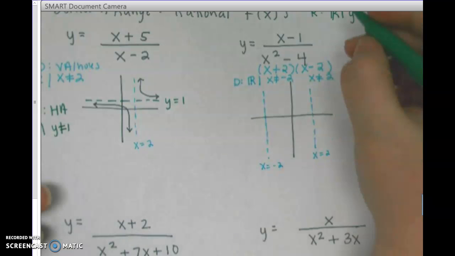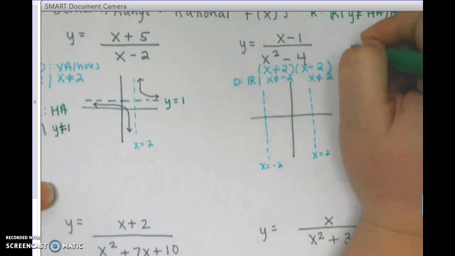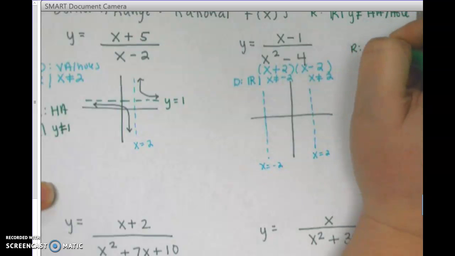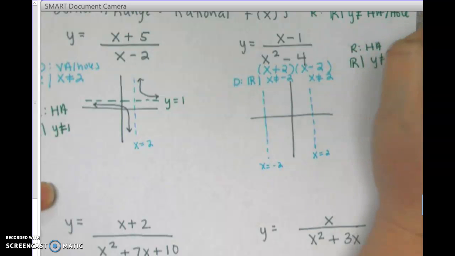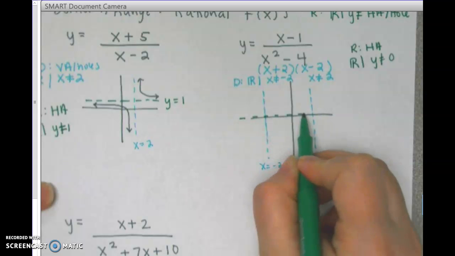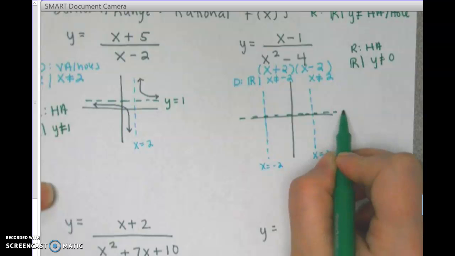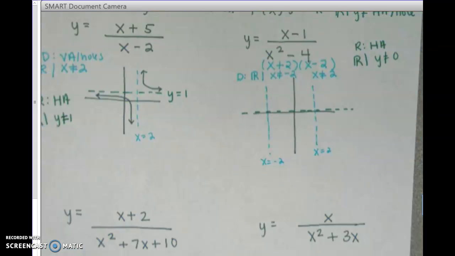All right, horizontal asymptote, it's bottom heavy. So for my range, my horizontal asymptote is y equals 0. So that means all real numbers except y is equal to 0. And this one, I actually want to graph because this one has 2 vertical asymptotes, so the graph might do something a little bit weird. So I am going to verify this one with a graph.